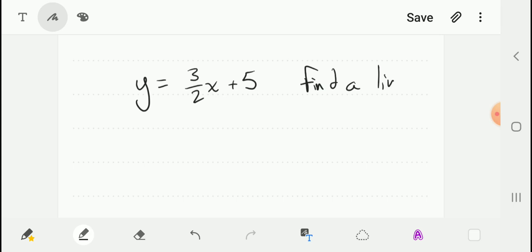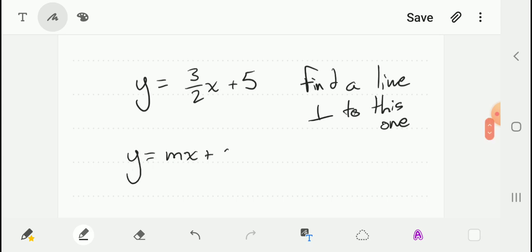If I gave you this line, y equals 3 over 2 x plus 5, and asked you to find a line perpendicular to this one, or give an equation of a line perpendicular to this one, all we have to do is write something y equals mx plus c.